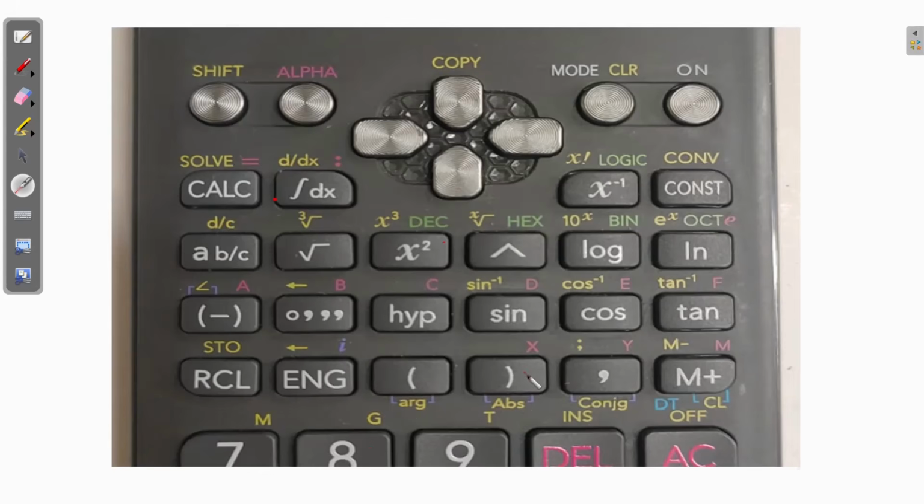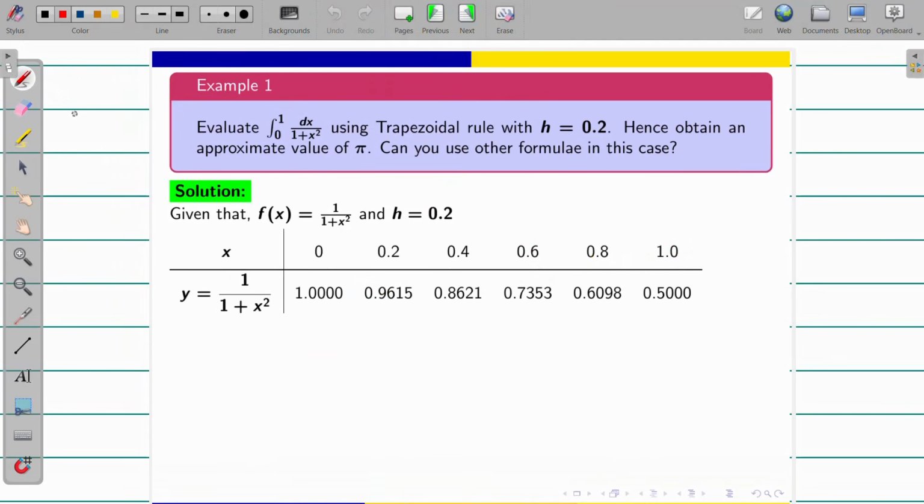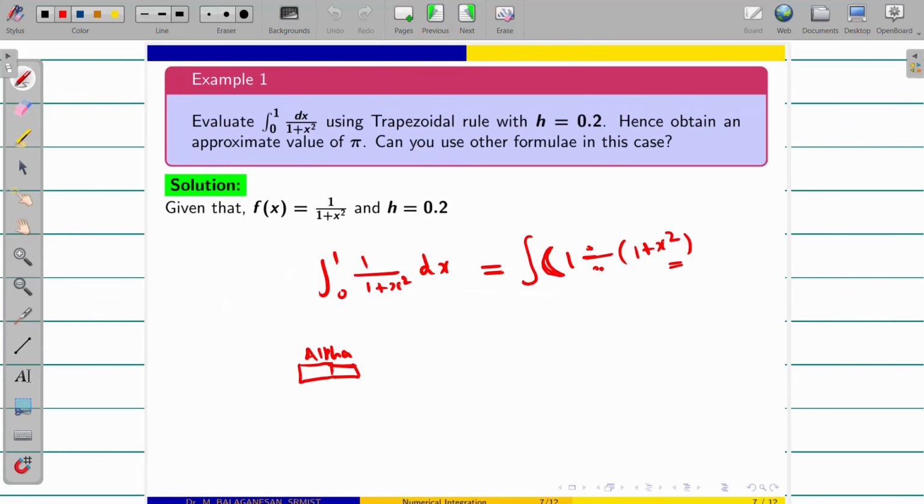If you want to use the variable x, y, a, or the pink color letters, some other letters, you have to press alpha and then press this button. It will appear there, that x value. So 1 divided by 1 plus alpha x square. You can directly use square or this power symbol and then numerical value 2. So this is what you have to do here, guys. Right. So this alpha button: 1 divided by 1 plus x square.